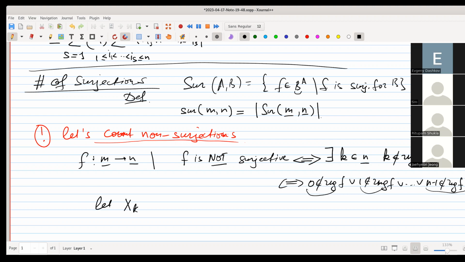Of course it is. It may take neither 0 nor 1. Let us consider all such functions from M to N which don't take some specific value k.